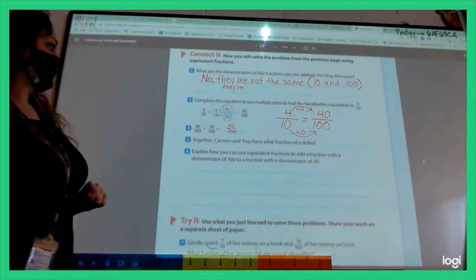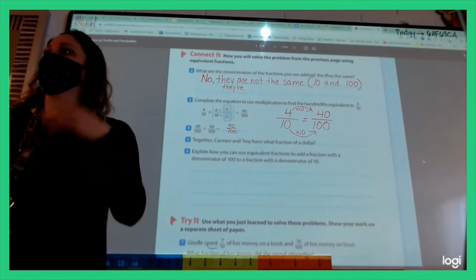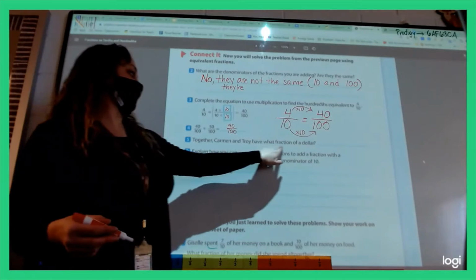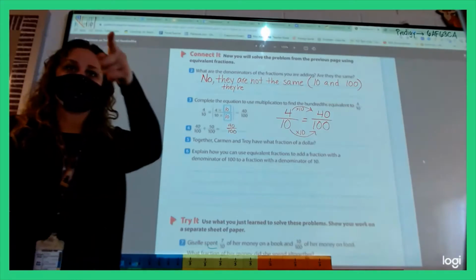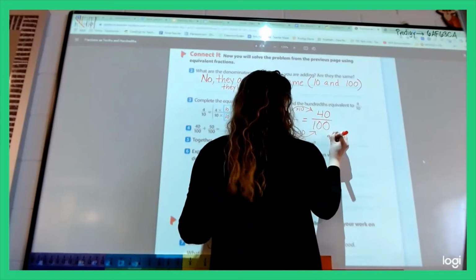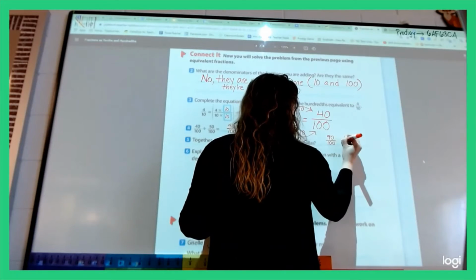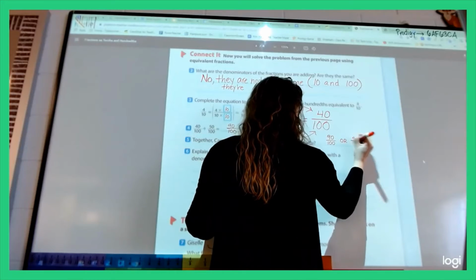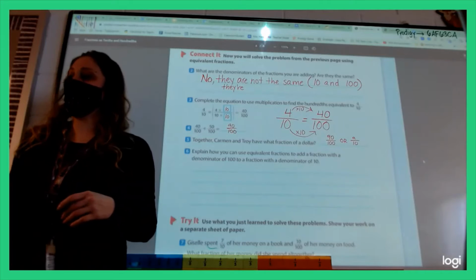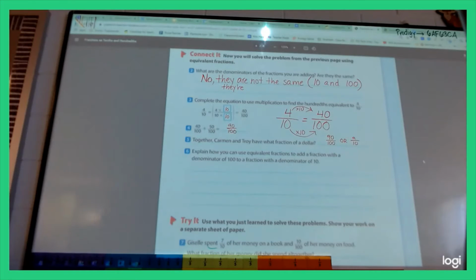Okay. So really, we're learning nothing new. It's just kind of combining everything we've done, right? So together, Carmen and Troy have what fraction of a dollar? Noah? 9/10 of a dollar or 90 hundredths. Either would work for me. You can write them both, or you can pick. Both of those fractions represent the same amount of the whole thing, which is $1.